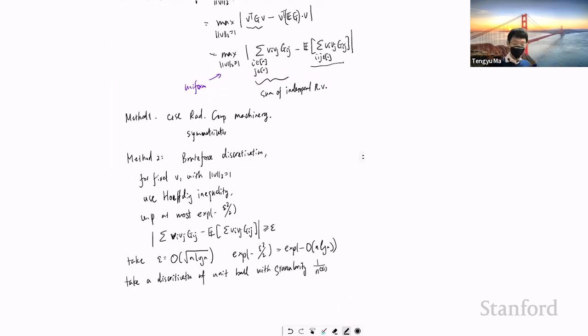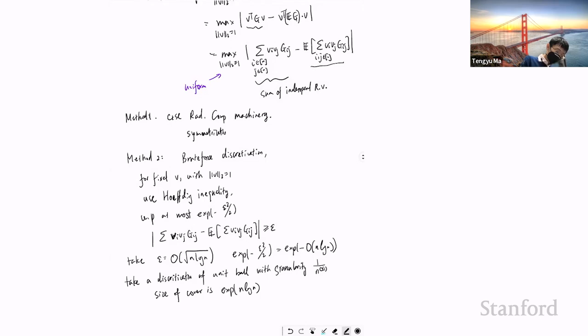It's a long time ago, I know, but I think this is what we did in lecture 3. You use a very small granularity, but it doesn't really matter because at the end of the day, the dependency on the granularity is only logarithmic. So the size of this cover is exponential in n log n.